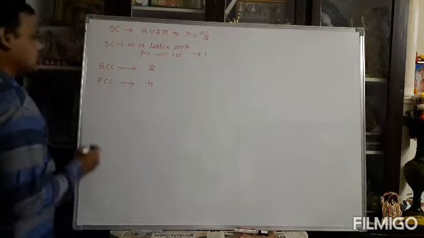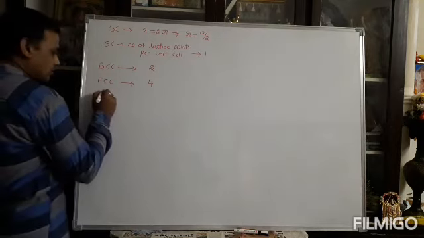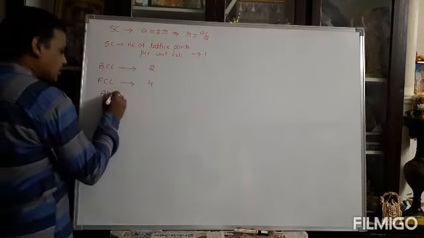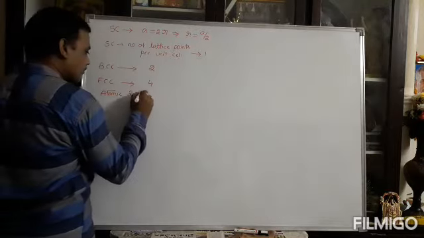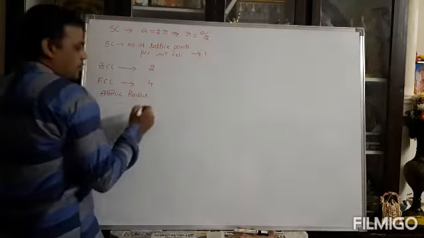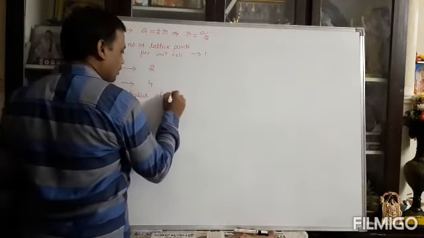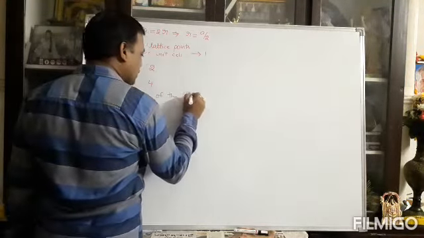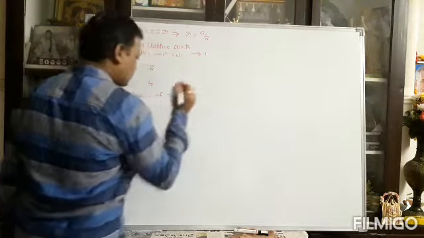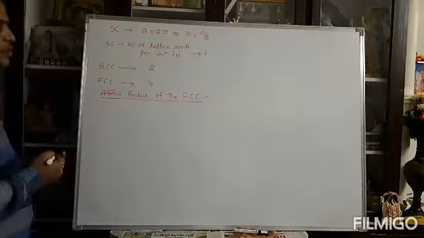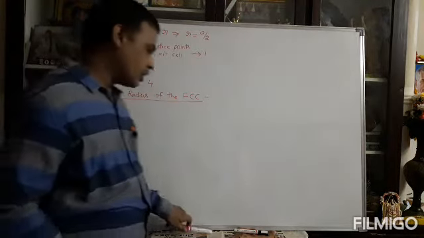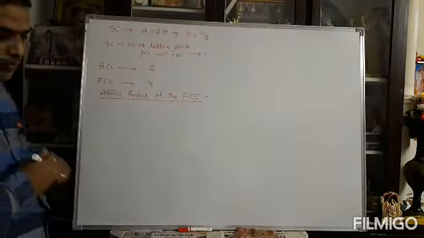After completion of simple cubic structure, we are going to the next topic: atomic radius of the face centered cubic structure. So first of all, you can draw the face centered cubic structure.